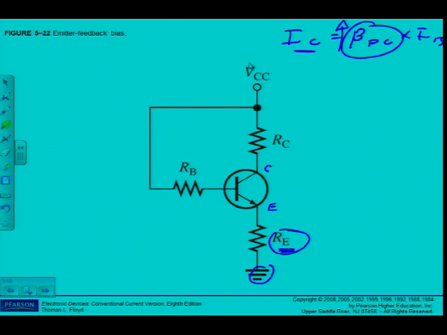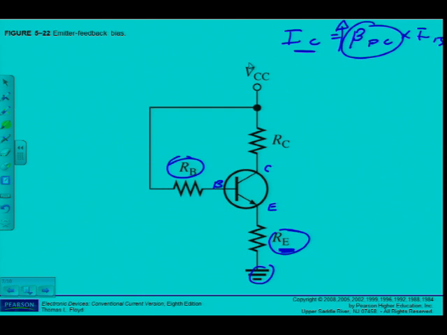So the emitter voltage increases, causing an increase in base voltage because VB is equal to VE plus VBE. So this increase in base voltage reduces the voltage across RB. If the voltage here at the base increases, then of course the voltage across RB has to decrease to keep Kirchhoff's laws still true. Alright, reducing the base current and keeping the collector current from increasing.